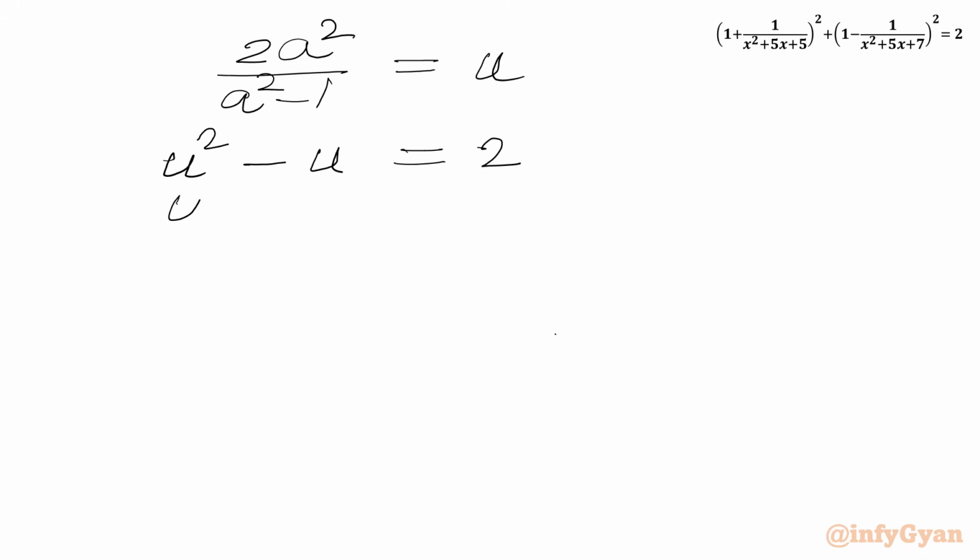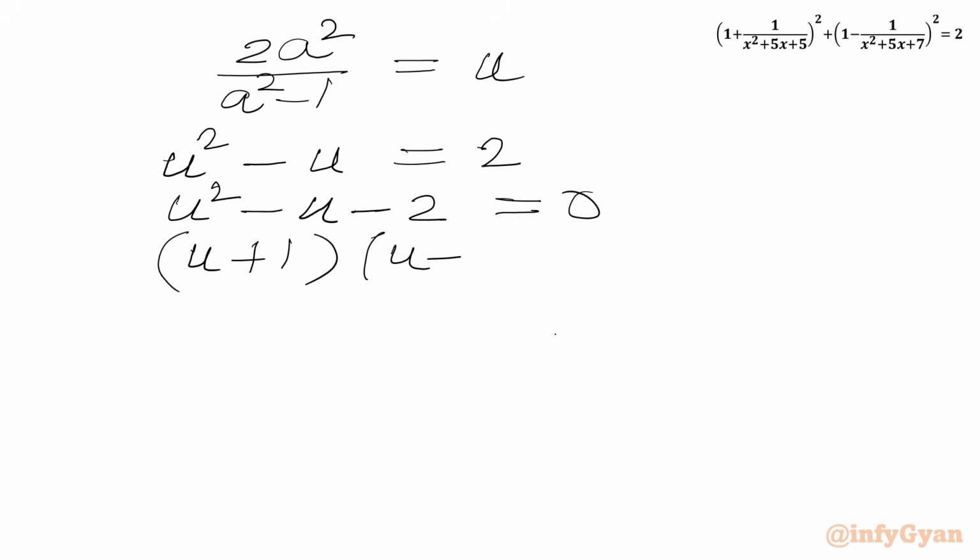We will write all the terms to one side, u square minus u minus 2 equal to 0, which we will factor: u plus 1 times u minus 2 equal to 0. Using product 0 rule, we will get u equal to negative 1, u equal to 2.